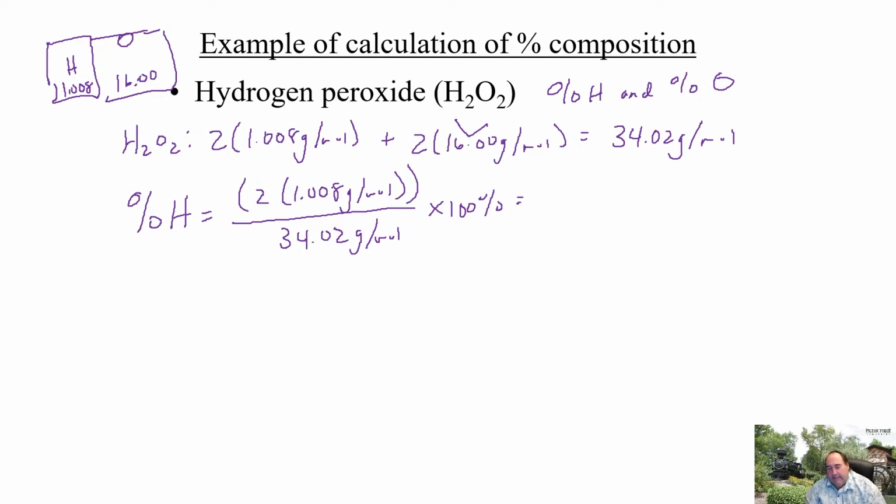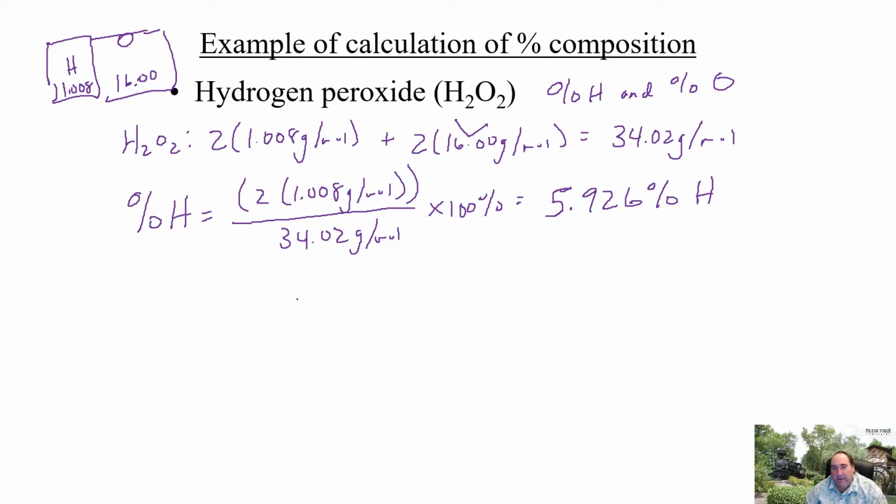So if we do that, we get 2 times 1.008 divided by 34.02, times 100 here. And we end up with 5.926% hydrogen. Let me just fix that so it looks like a better 5.